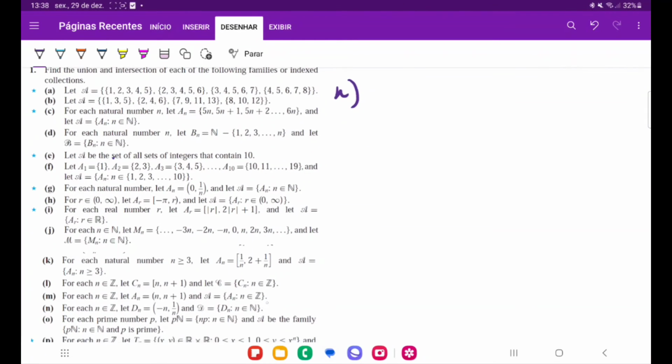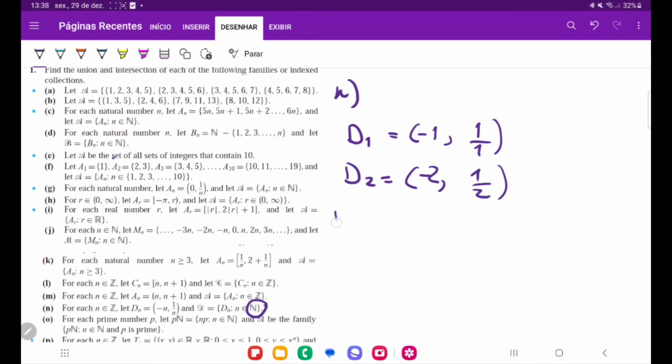Sorry, it's indexed by the natural numbers. So let's put a couple of values here. D1 is going to go from -1 to 1 over 1. D2 is going to begin at -2 and then go to 1 over 2. D3 is going to begin at -3 and then go to 1 over 3, and so on and so forth.